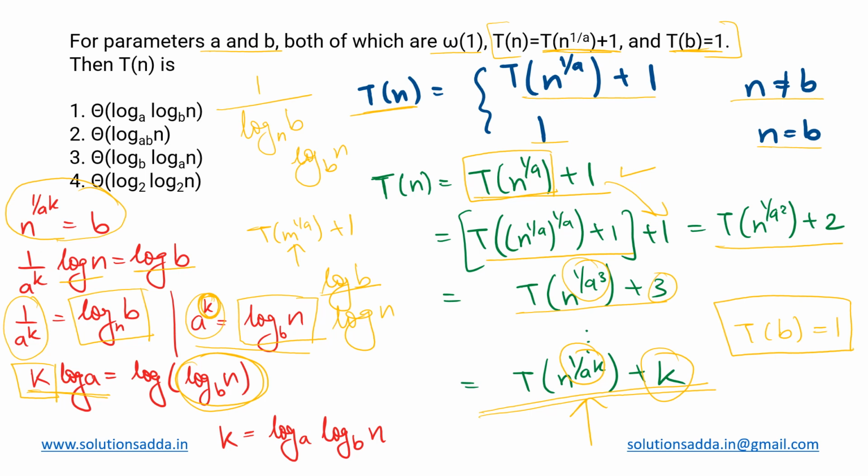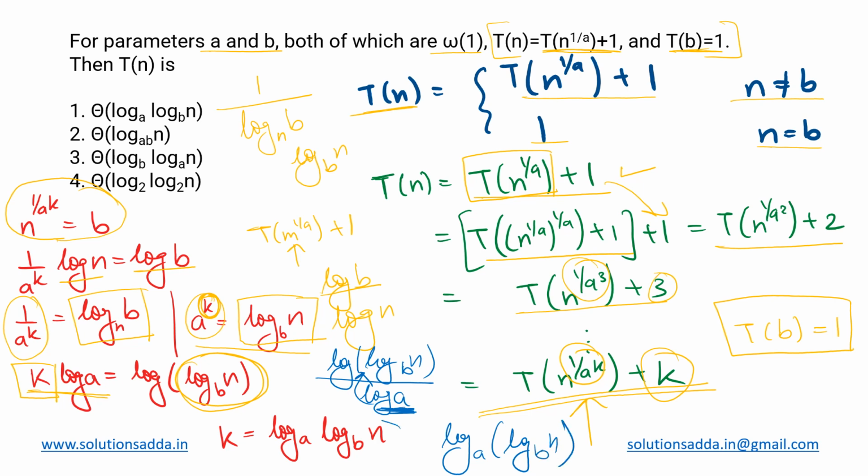So that gives us log of n to the base b, and on the denominator there is log of a. Now we will again take this log a from here and make it the base of the upper expression. So that will now become log to the base a of log of n to the base b.